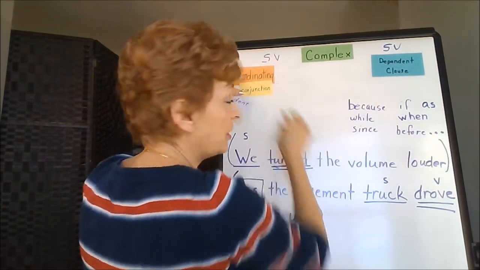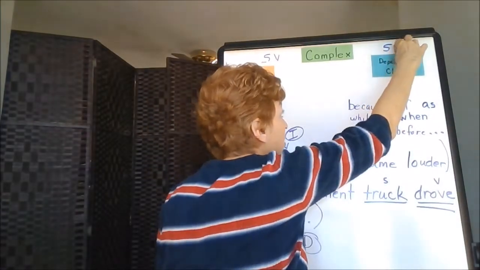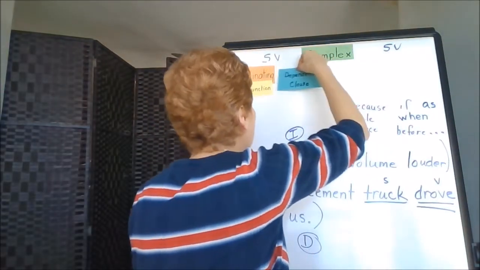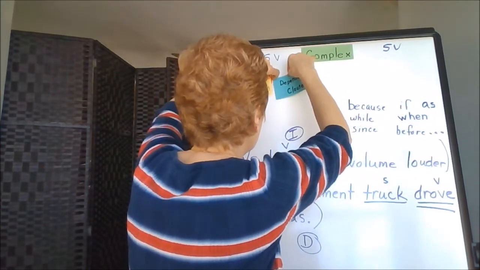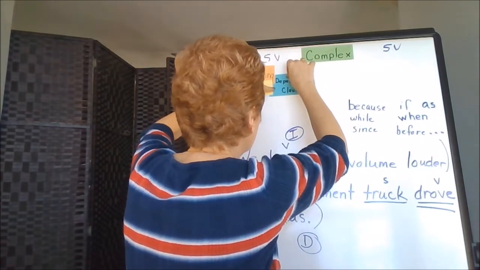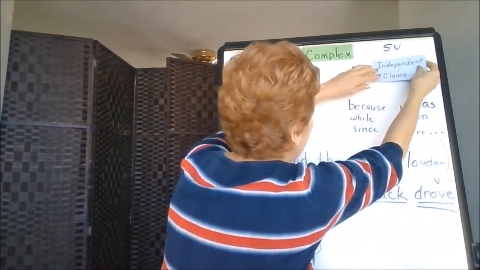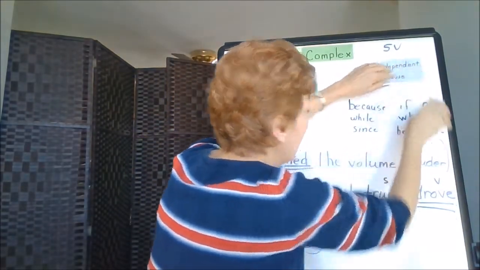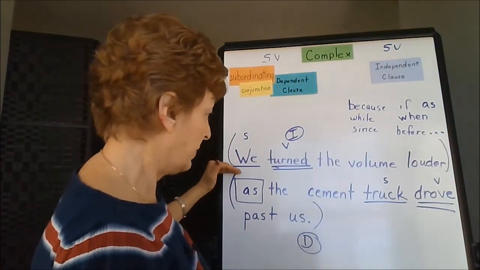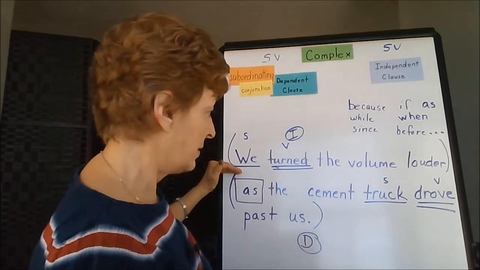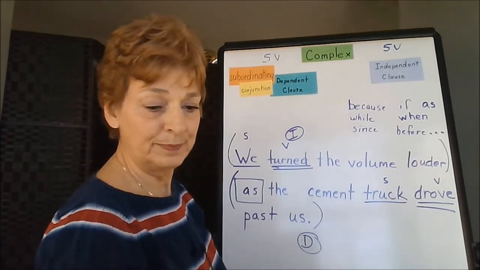So we actually would start the sentence with the subordinating conjunction, which begins that dependent clause. And then the independent clause would come last in the sentence. You could flip this right around. As the cement truck drove past us, we turned the volume louder.